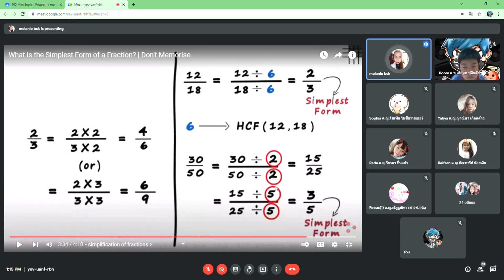Aside from 2 and 5, children, what else do they have in common? Common factor, 30 and 50. What do you think, children? Anybody? I'm going to give you plus 5 points. Anybody?